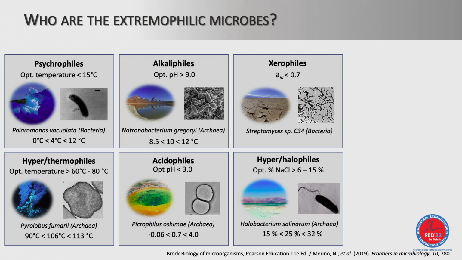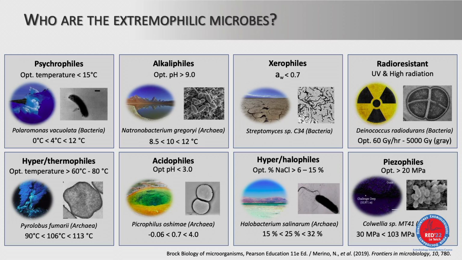And you also have halophiles and hyperhalophiles, which grow at really high salinity. Halobacterium salinarum was isolated from a really salty lake. It can grow up to almost the saturation of sodium chloride.